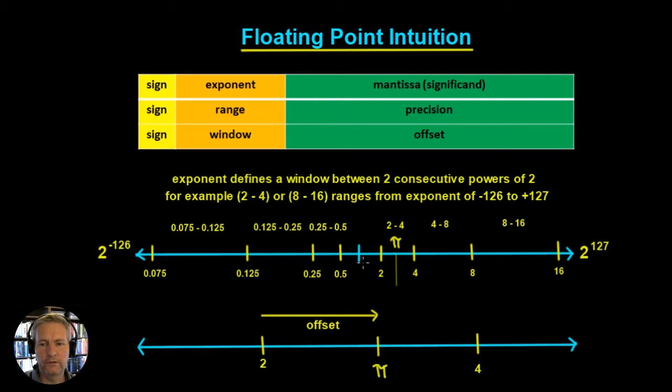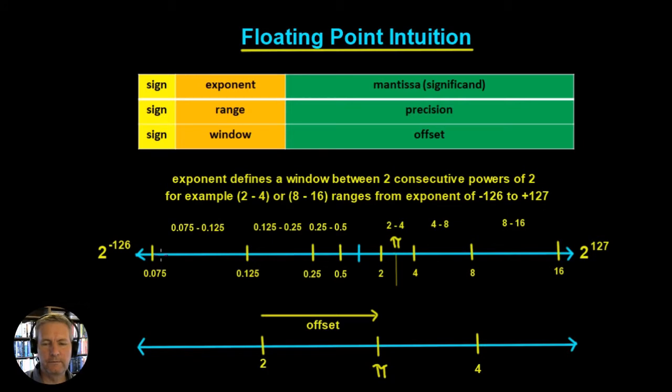Now we can do the same in terms of the negative powers, so this is going to give us our fractions. So we could have a window between a half and 0.25. We can have another window between 0.25 and half of that, which is 0.125, and we can have a window between 0.125 and half of that, which is 0.0625.